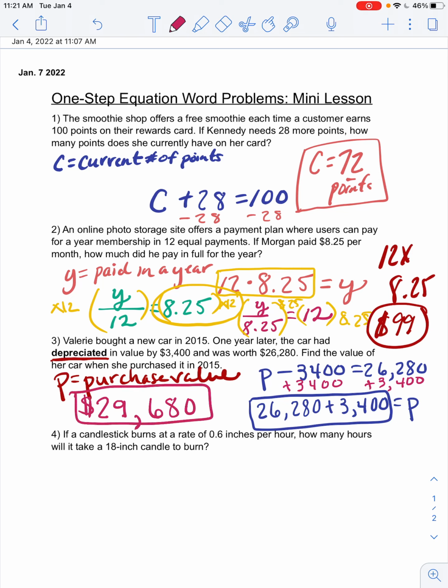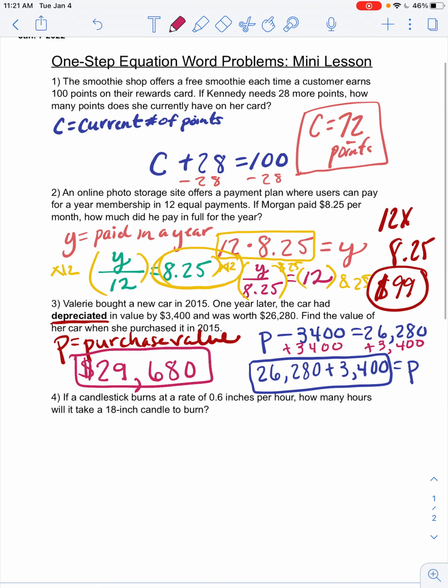Okay, number 4, if a candlestick burns at a rate of 0.6 inches per hour, how many hours will it take an 18-inch candle to burn? So we'll let H be the number of hours, and it's burning at a rate of 0.6 inches per hour.